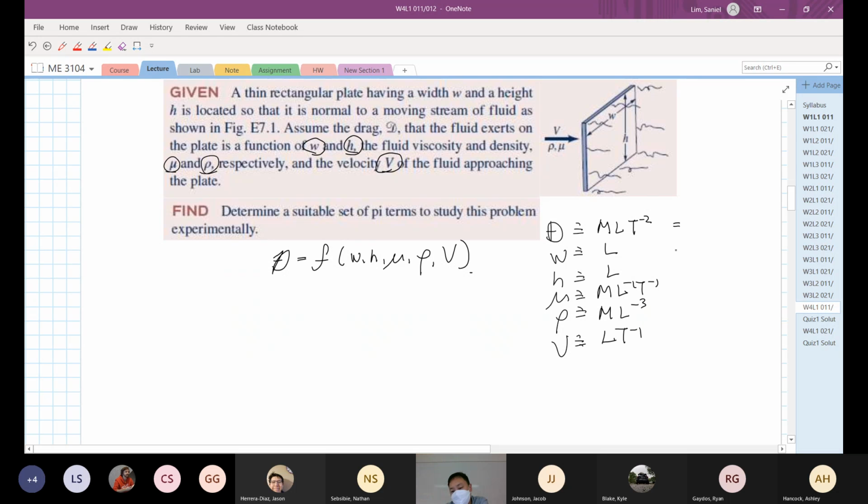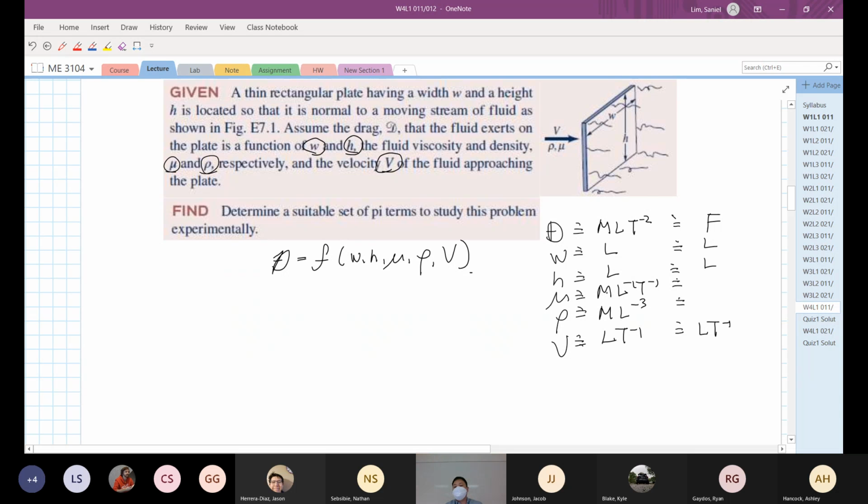If you use the FLT system, of course, you need the dots here. This is the drag force, so F is just a force itself. You can simplify D as a force. The rest of them, LT, should be all the same.